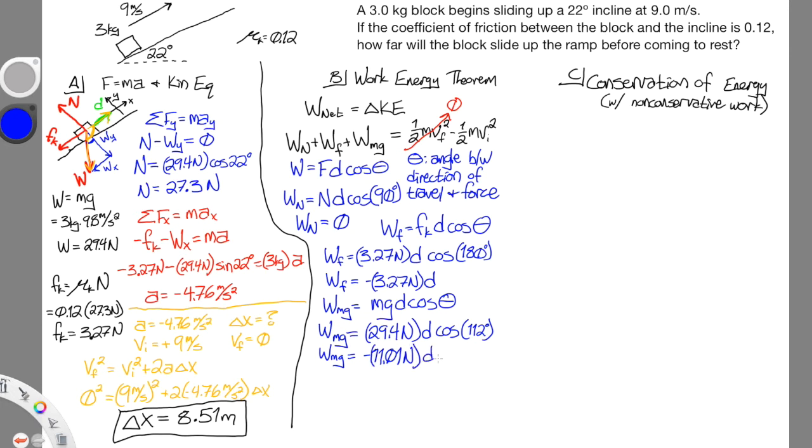Then we can go back to our original equation and start to plug things in. By original equation, I mean this one up here that I just circled in red. The work done by the normal force is 0.